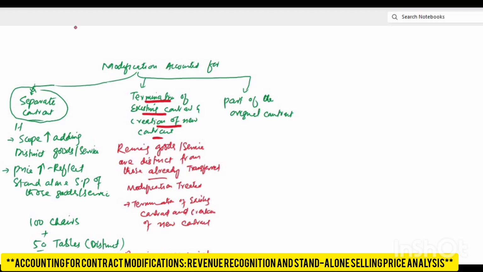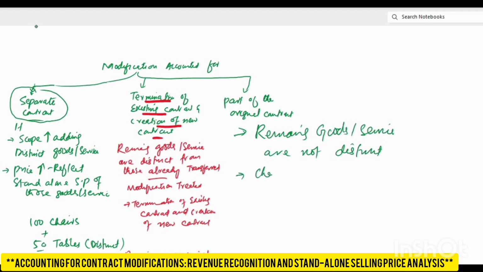So for that, if the remaining goods and services are not distinct, then what do you do? They actually form part of a single performance obligation.